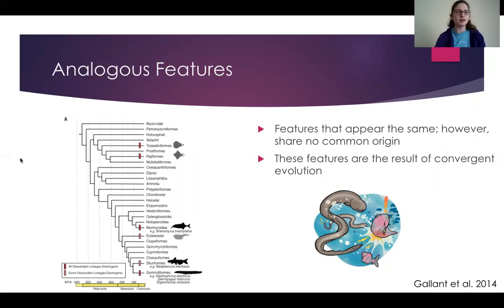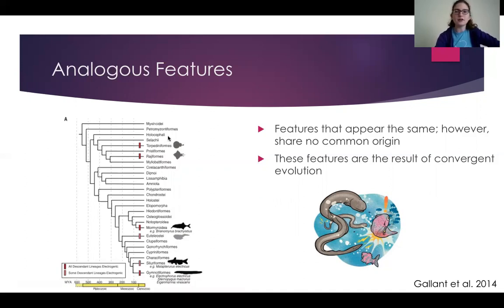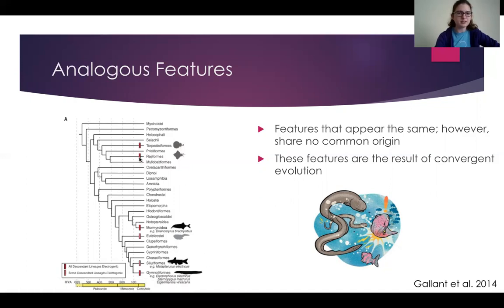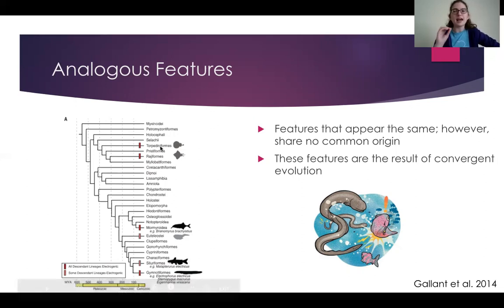So if we look at this phylogeny to the left, we can see that there are a number of species that have electric organs, and those are these little drawings here. However, if we look at these little red ticks, which are the lineages that have evolved them, we can see that there are not common ancestors for any of these lineages that have electric organs. So this means that this trait has independently evolved at least 6 times in the history of fish, which is incredible in my mind.